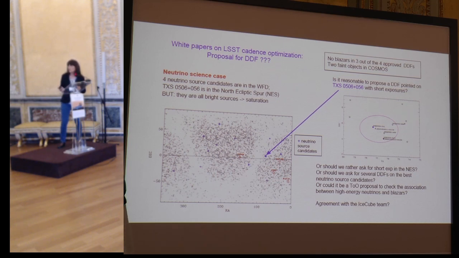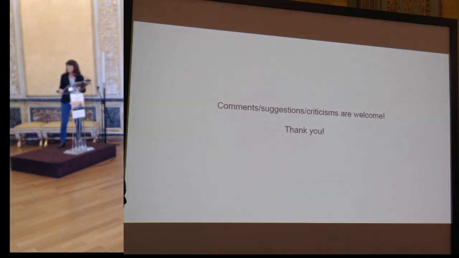Or should we ask for several deep drilling fields on the best neutrino source candidates? Or finally, could it be a target of opportunity proposal to check this association between high-energy neutrinos and blazars? Well, I'm sorry, I have too many questions. I hope to find some answers during this meeting. Thank you very much.